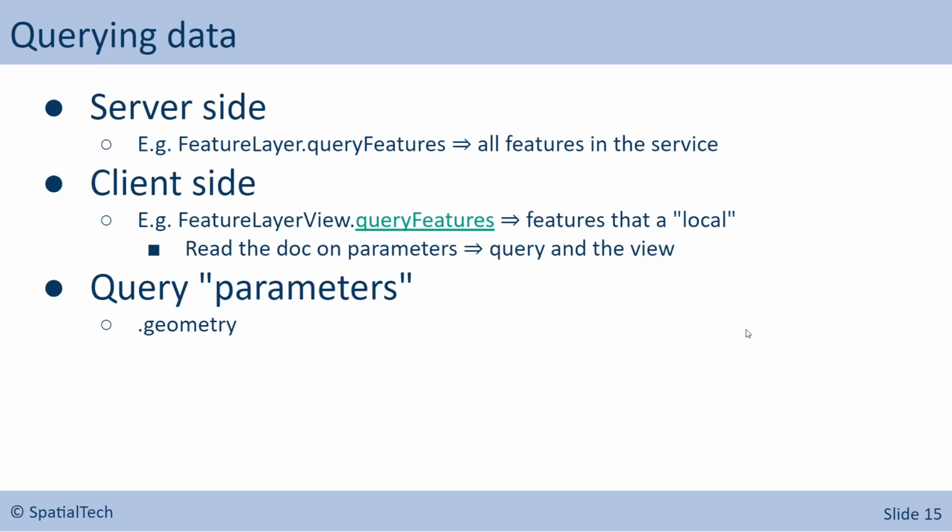But there's a geometry restriction. So when you do a query, you can send in a feature and say, hey, only features that interact with or are close to this feature.